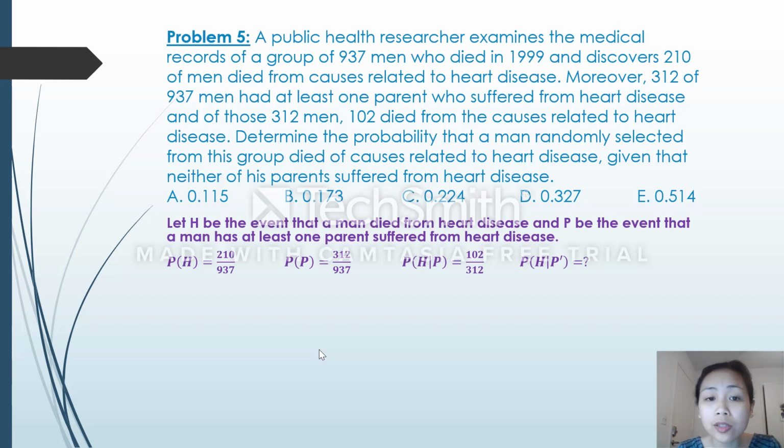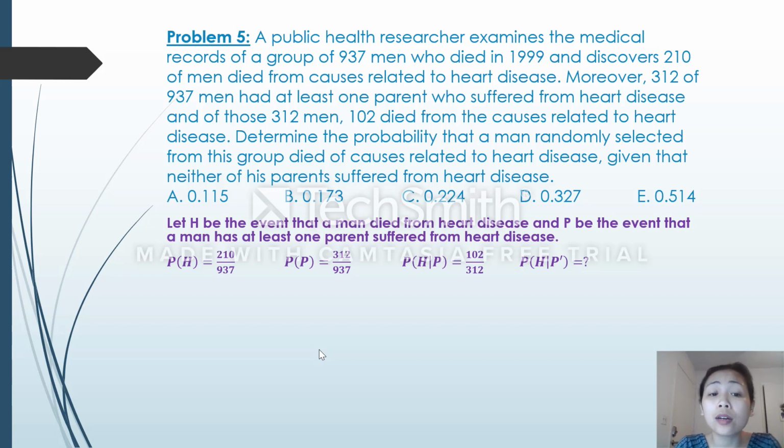And one more piece of information: of those 312 men, that means of those men who have at least one parent who suffered from heart disease, given that the man has a parent who suffered from heart disease, 102 died from causes related to heart disease. So the probability of X given P is 102 over 312.